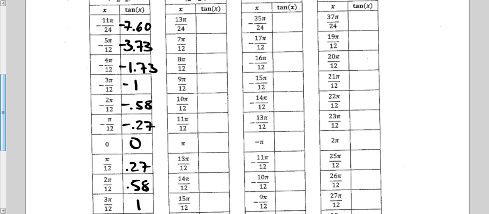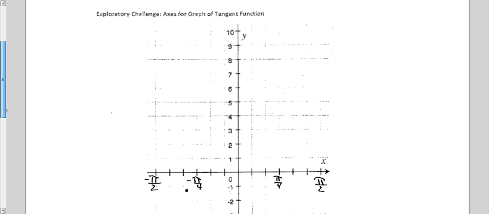2 pi over 12, that is negative 1/6 pi. So, 1/6 pi is going to be this guy right here.